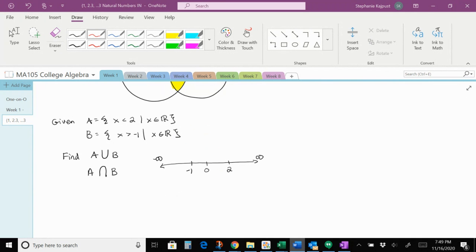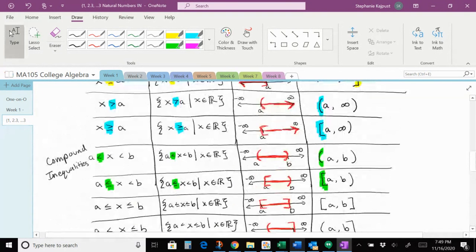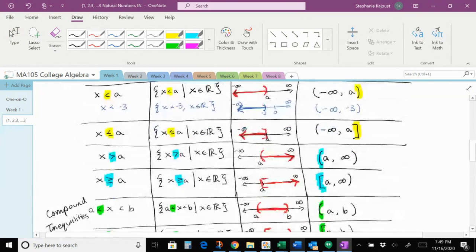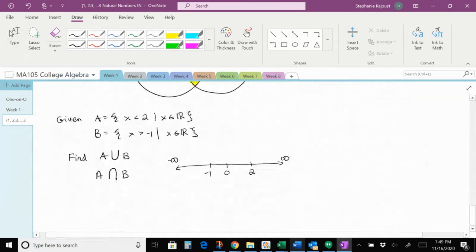So for x less than 2, we want to go back to our chart here, our less than, we're going to use this graph with the parenthesis. At 2, I'm having a parenthesis, and then less than is going to be everywhere left. So I'm just putting that above the line for set A, indicating what that means.